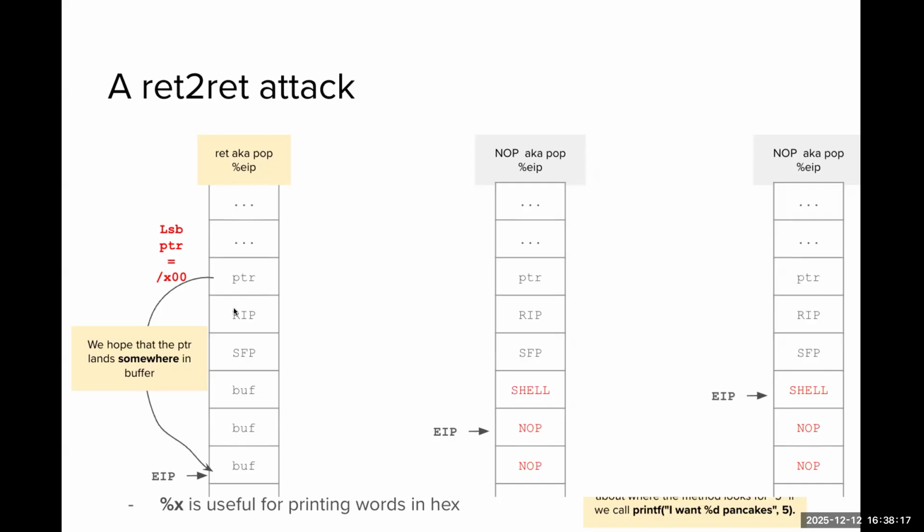So if we overwrite the RIP with a return, then we can return back to whatever address that pointer is looking at, and set our EIP to somewhere in our actual stack frame. From there, we can add some no-ops and add our shellcode directly into our buffer. Because we returned back into our own stack frame, we can start executing instructions inside of our own stack frame.